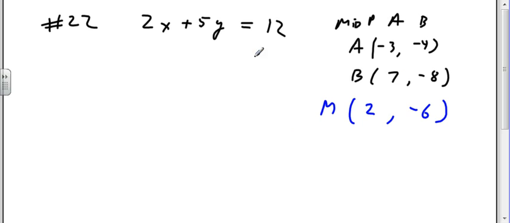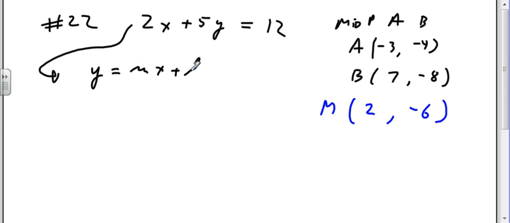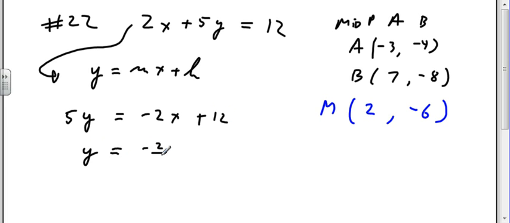If I knew the slope, I would be almost done. So I'm going to take my equation and change it to y is equal to mx plus b, so I know the slope. So I've got 5y is equal to minus 2x plus 12. I've got y is equal to minus 2 over 5 x plus 12 over 5.